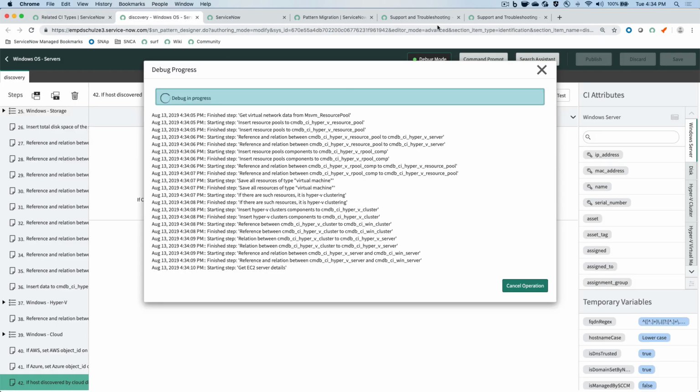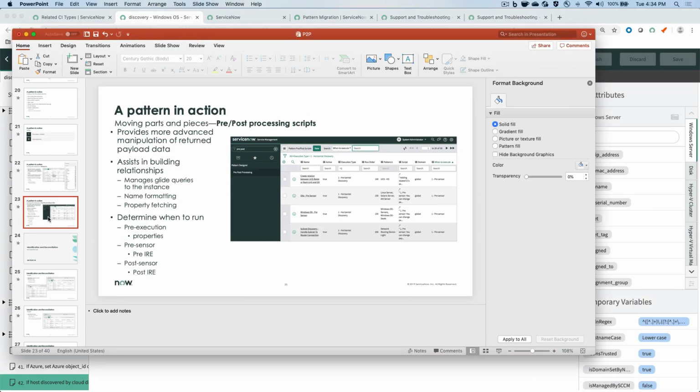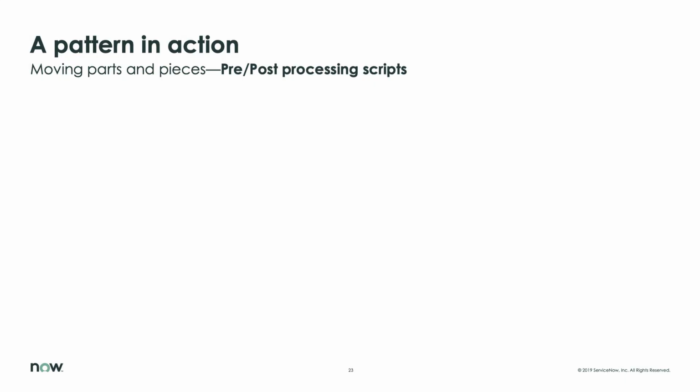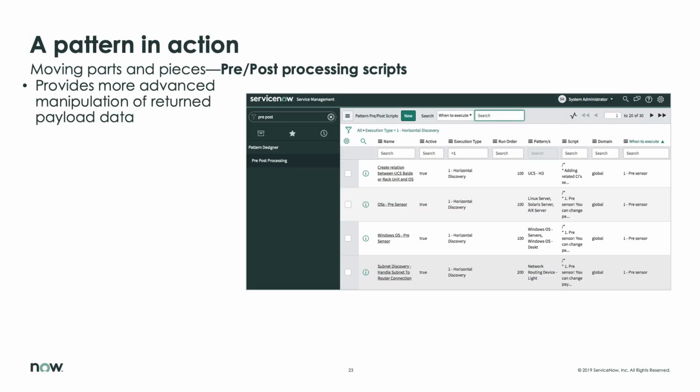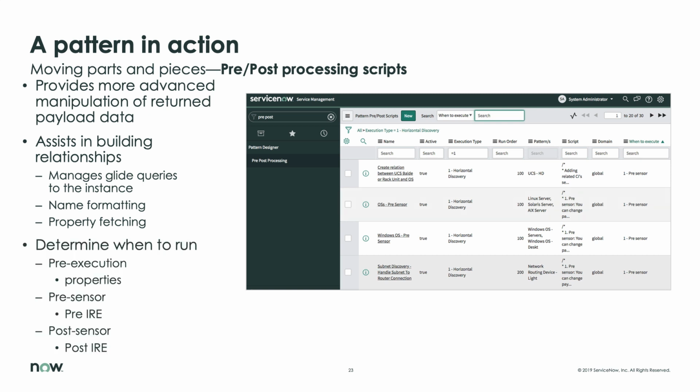And you're still working. Now, another cool thing that we have about these patterns is the pre and post processing scripts. Now, for those of you that love your JavaScript, this is where you can still live and breathe. They actually run a lot of relationship processing and property fetching, and as I have here, name formatting.